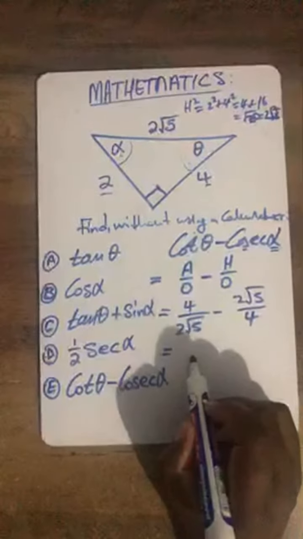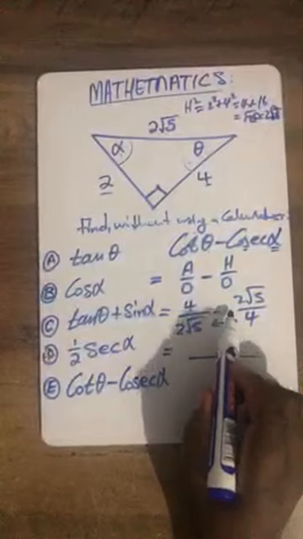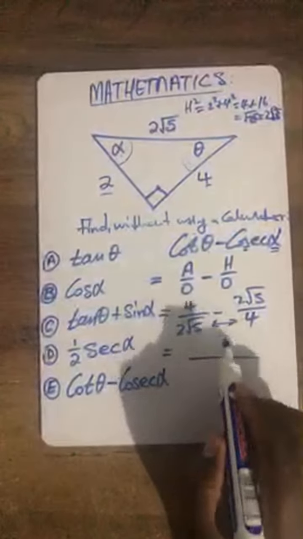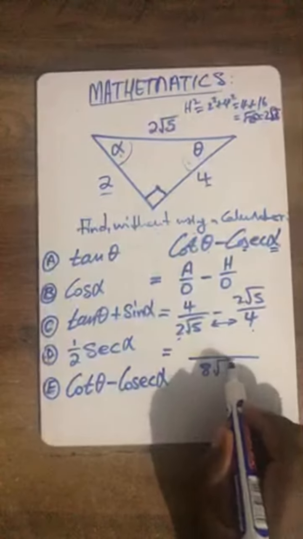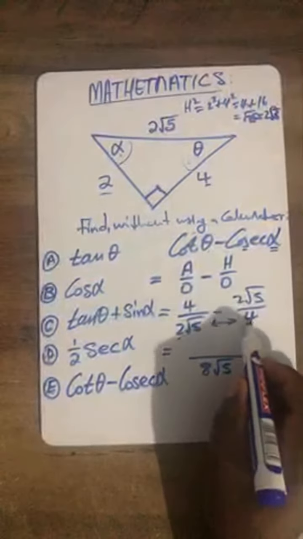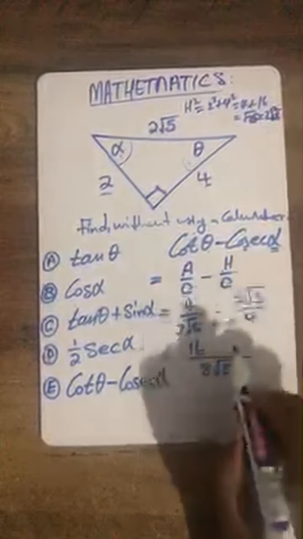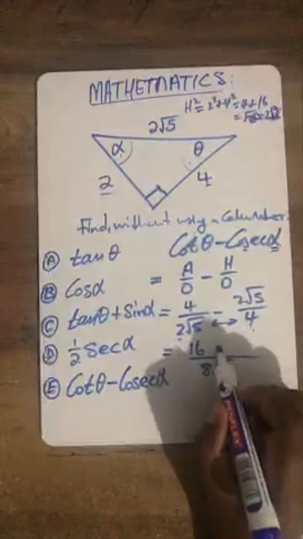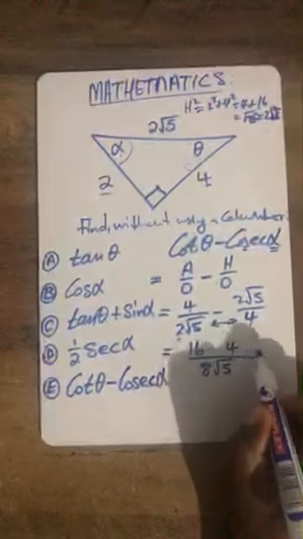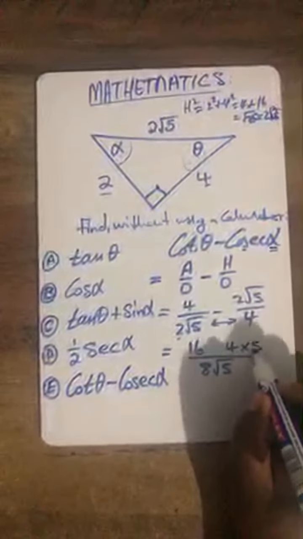So now you multiply those two, and then you cross multiply. That times that makes it 8 square root of 5. And then that times that makes it 16. That times that, trust me, 2 times 2 being 4, and then square root of 5 times square root of 5 is just 5.